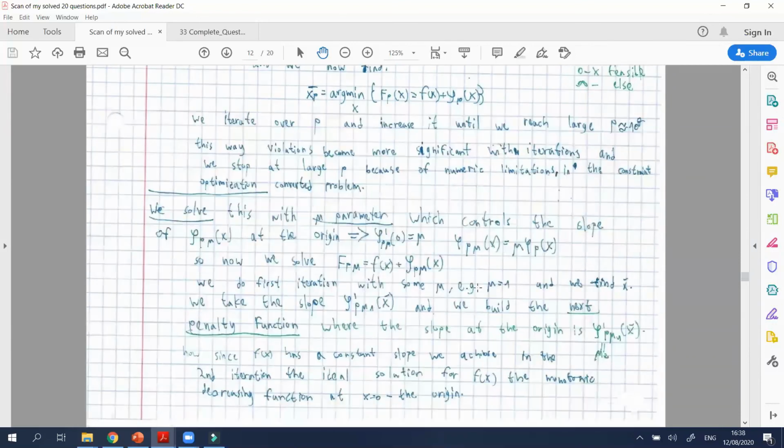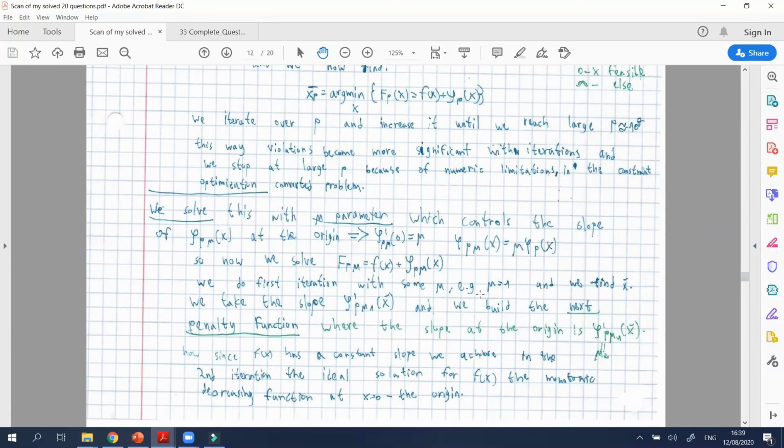So we get that phi prime, and we use the next penalty function where the slope at the origin is obviously this slope we've just achieved. So at the next iteration, our penalty function will be built using this slope, phi prime of p mu1 at the first iteration, meaning we change this.